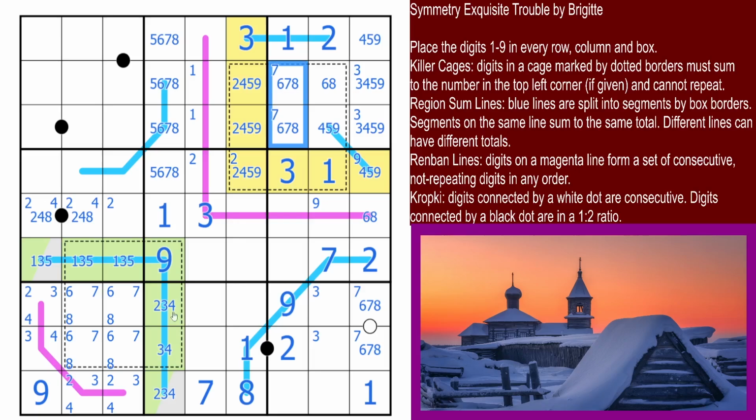Okay. 1, 3, 5, 2, 3, 4. We are still not able to reduce here, right? What is it? 1, 5, 2, 9. 5, 6, 7, 8.